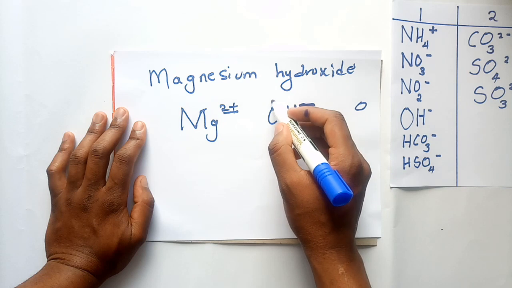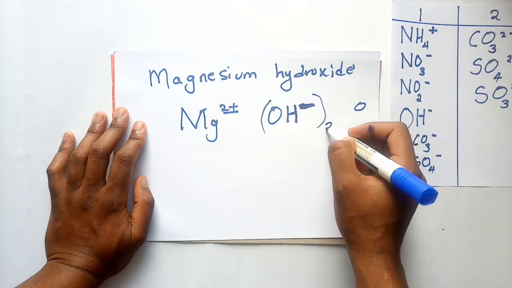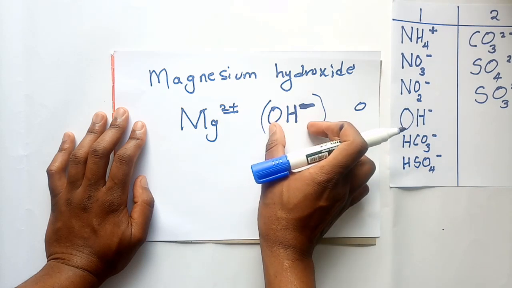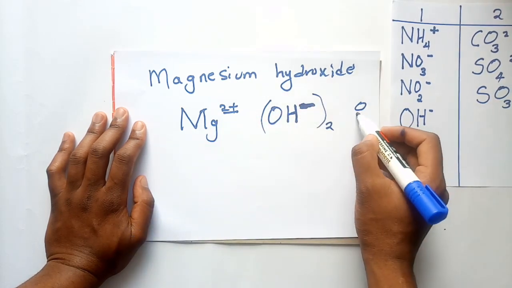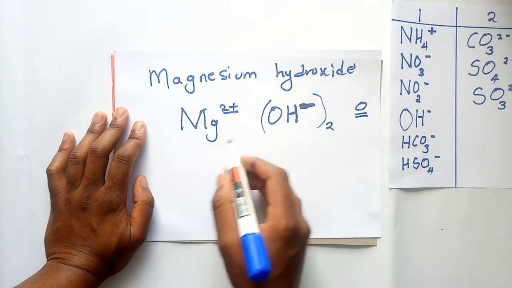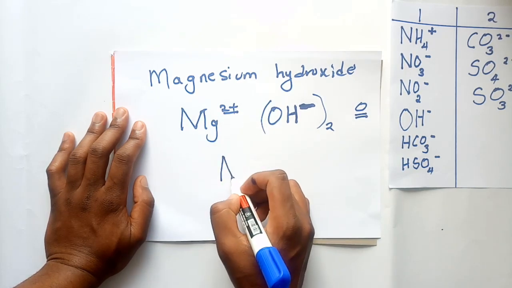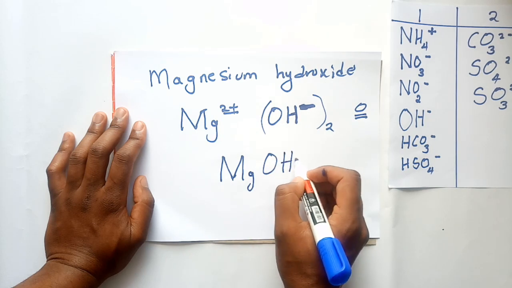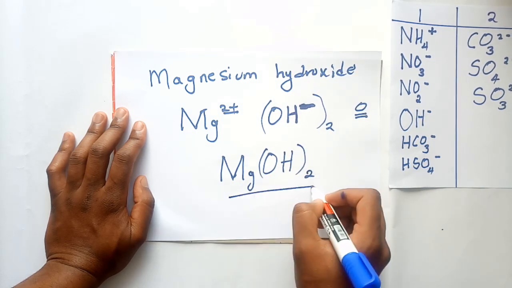The only thing I need to do is simply multiply this one by 2. If I make this one 2, 2 of these plus 1 of these should give me 0. So what will be the formula? The formula will be magnesium hydroxide, Mg(OH)2, like that.